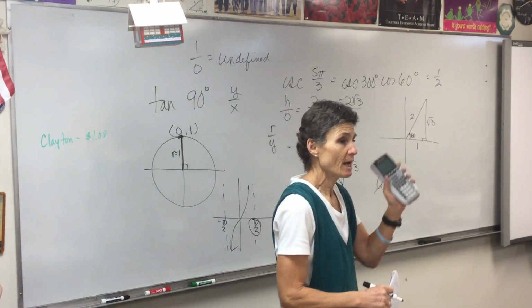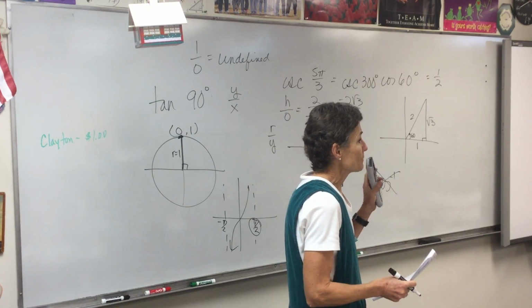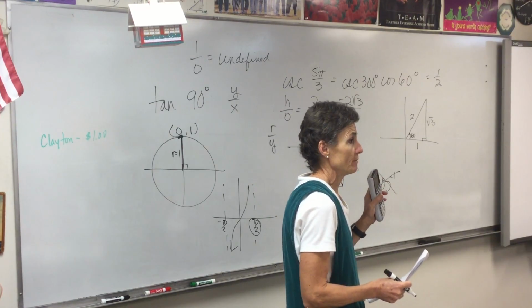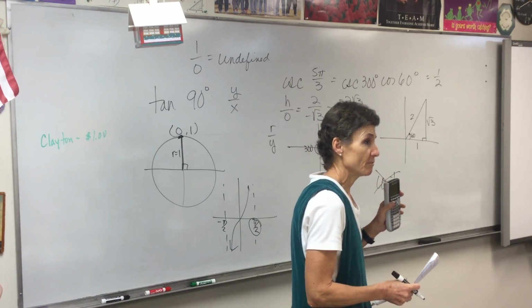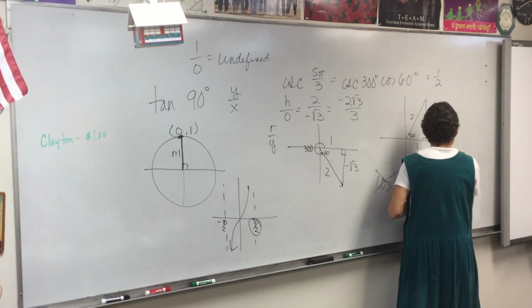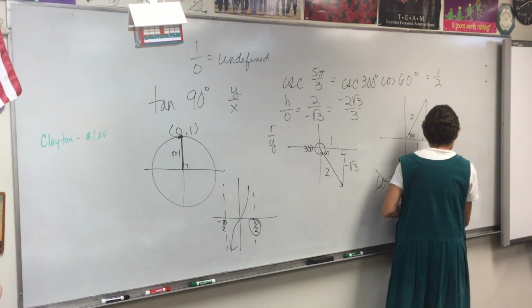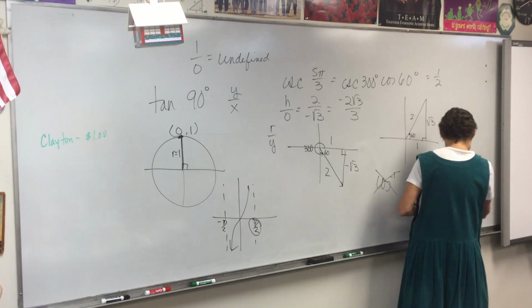If you want to type a secant in on your calculator, you must remember the definition. The secant is the reciprocal of the cosine. So I type literally 1 divided by cosine 12 degrees 10 minutes.